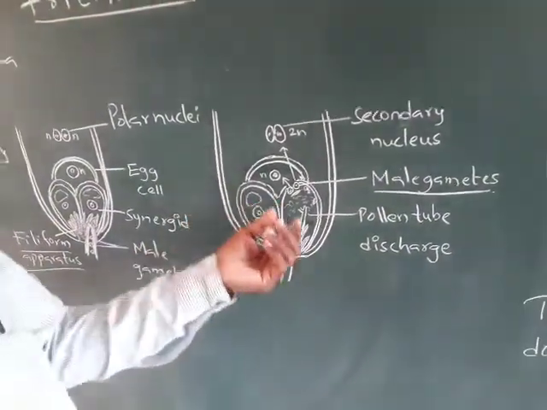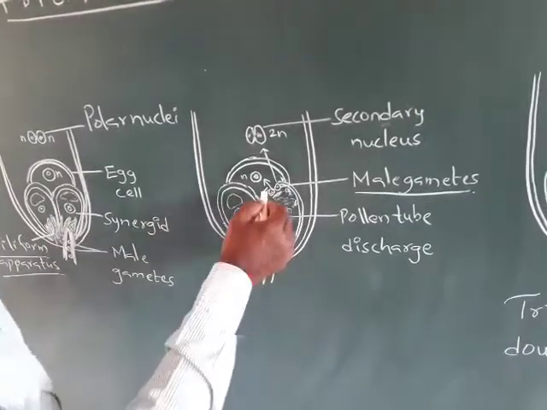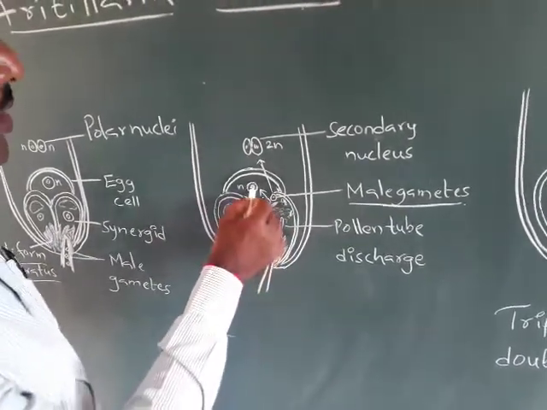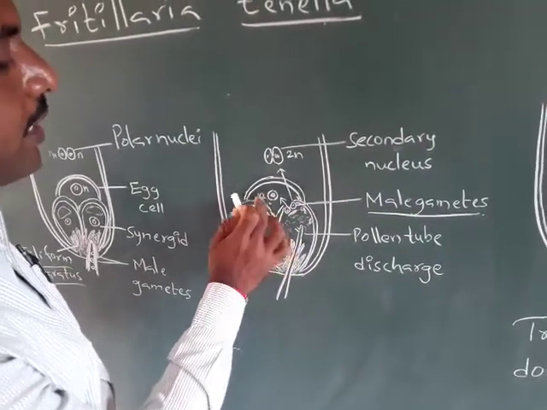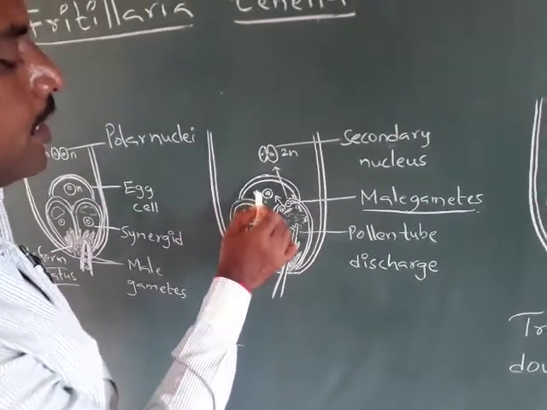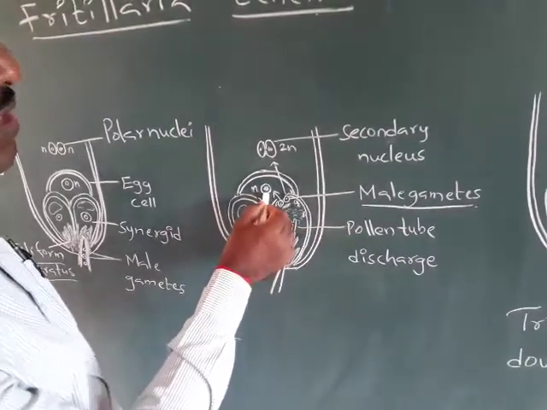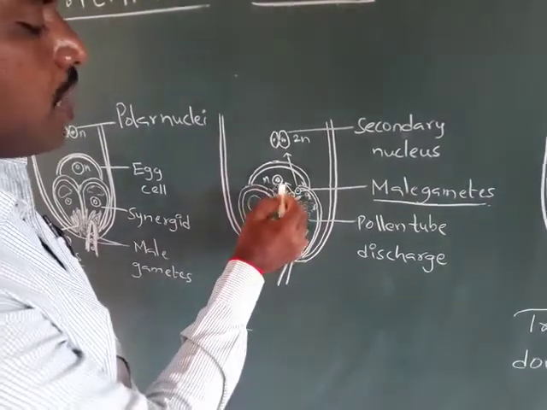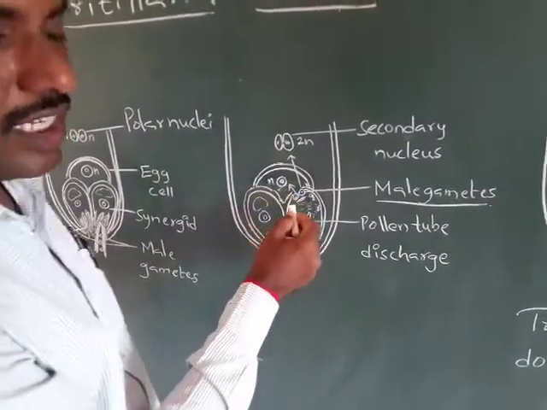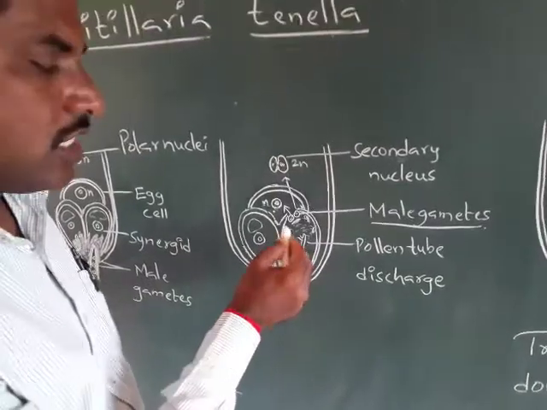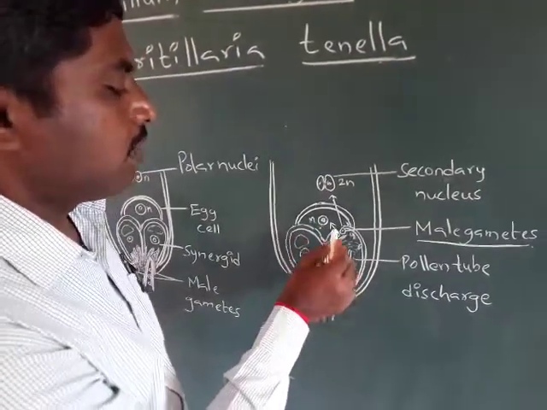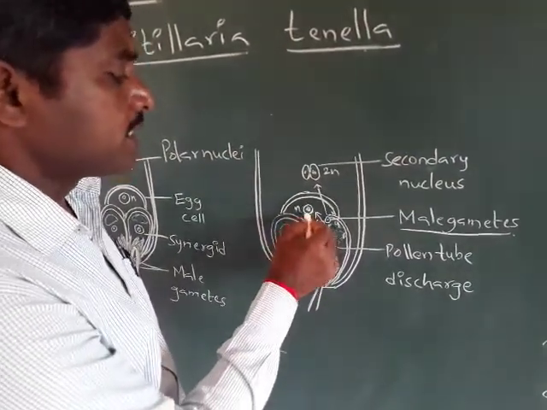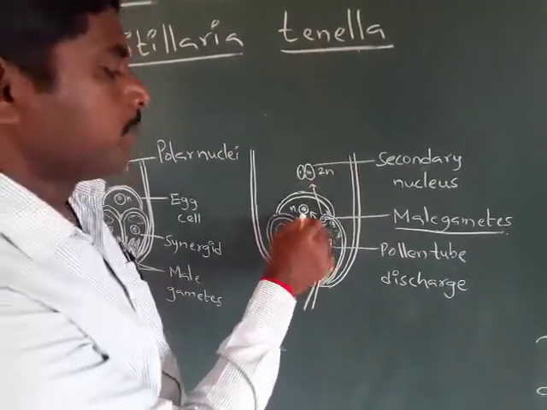One of the male gametes moves towards the egg cell, which is a haploid egg cell, and fuses with the egg cell nucleus. This is called syngamy or fertilization.